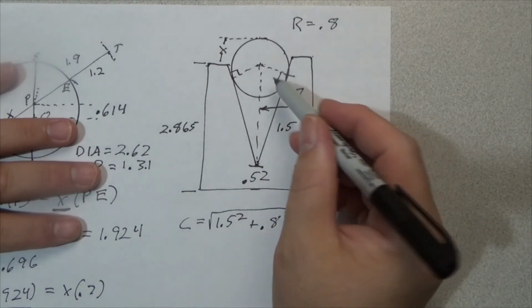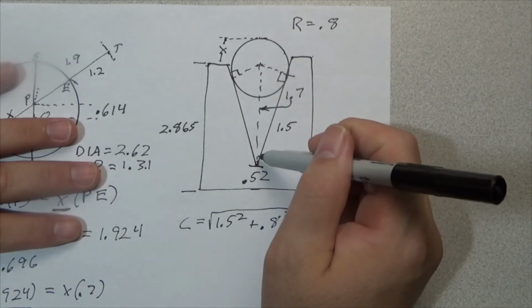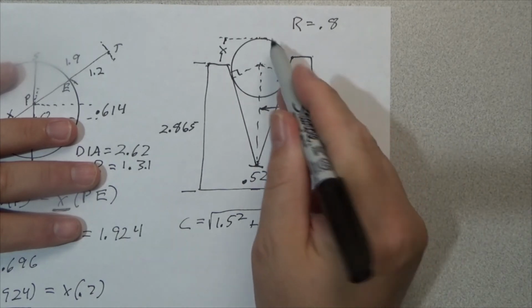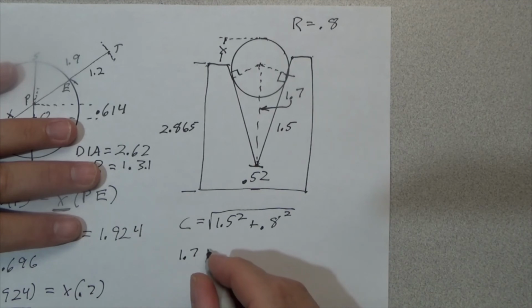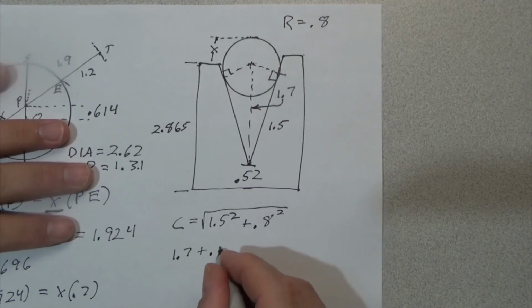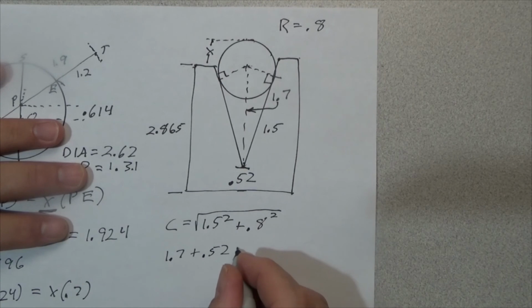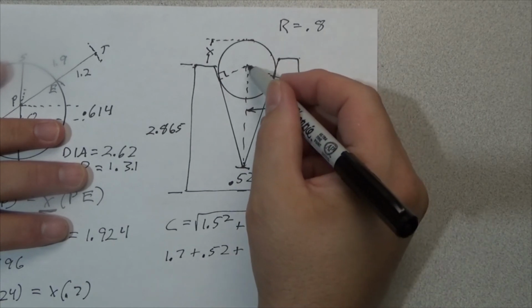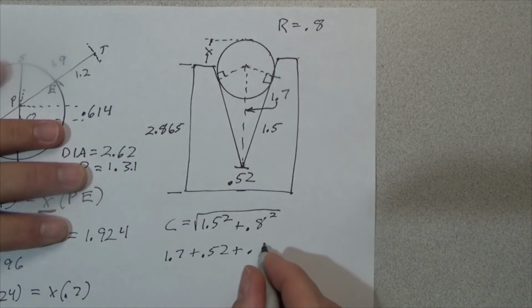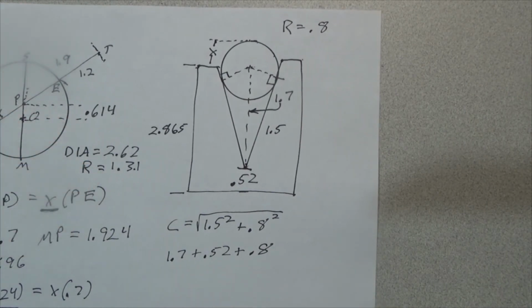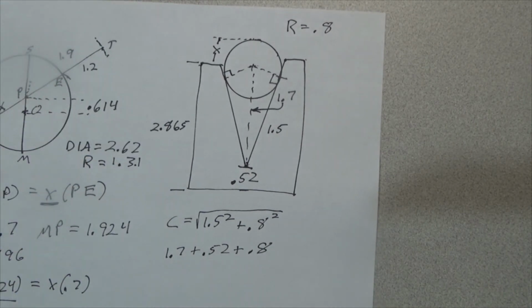Okay, so now that I've got this distance, I can add this one plus this one. Well, 1.7 plus 0.52 plus the distance from here to here, remember, is a radius, and we already know that to be 0.8. I don't like to try all that in my head.